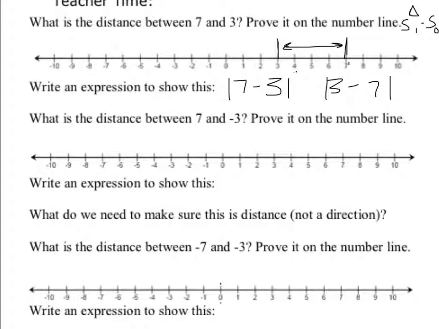How does that work? Well, let's look at it. I want to do what's inside the absolute value symbols first. In this particular case, 7 minus 3 is 4. That's going to give me the absolute value of 4, which is, everybody, the absolute value of 4 is 4.